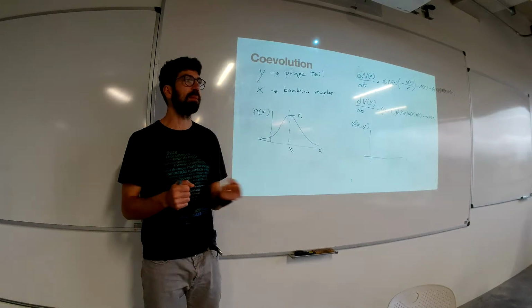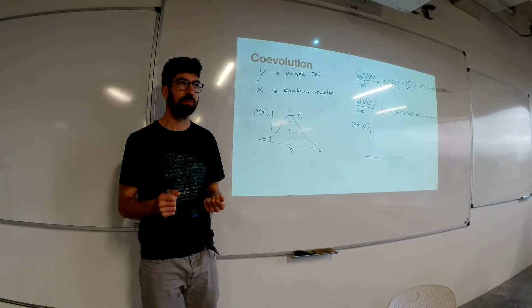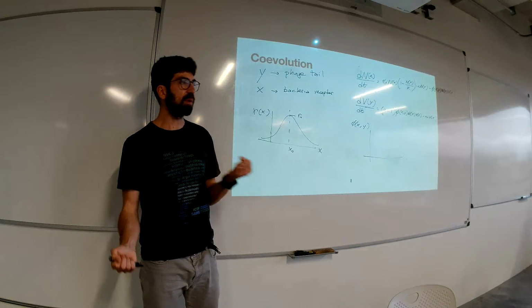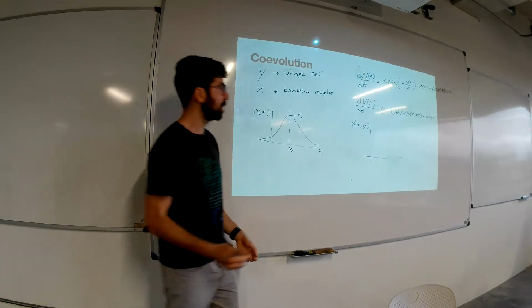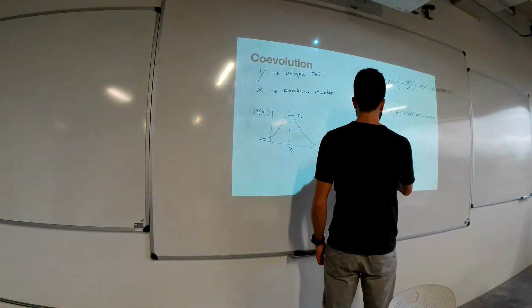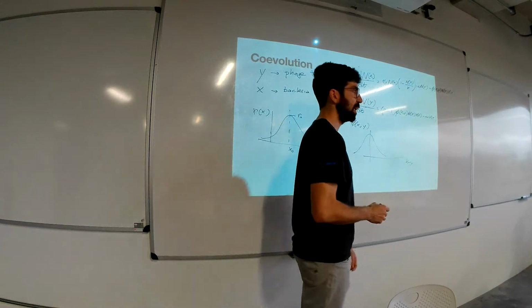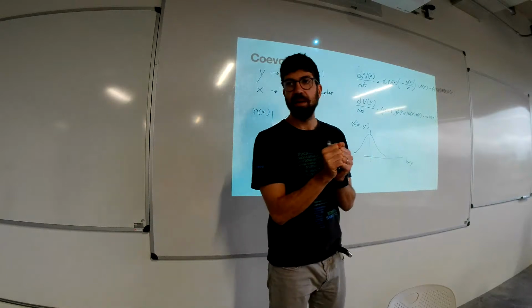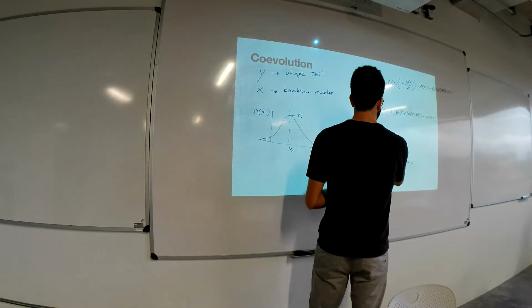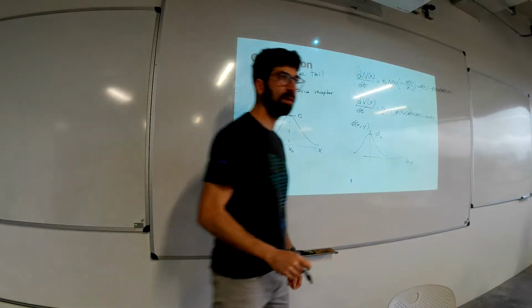Well, it will depend on somehow the difference between the two, right? It will depend on how different the receptor is from the tail, okay? So what we can say is that this depends on x minus y and peaks around 0, right? If they are the same, the infection rate is maximum. If they are different, the infection rate becomes low. Okay?